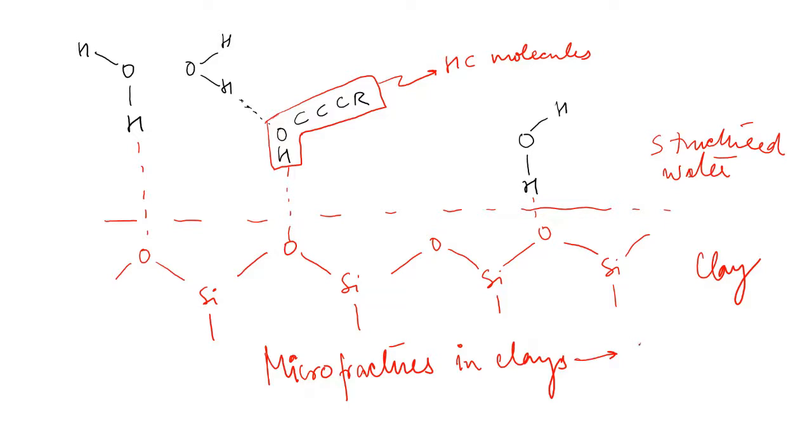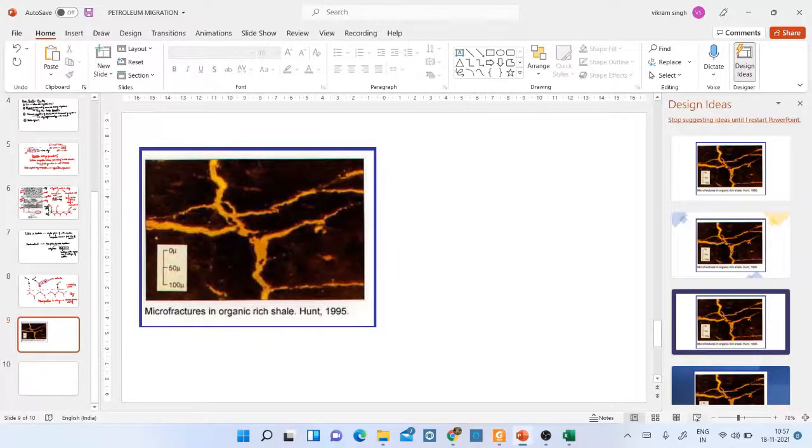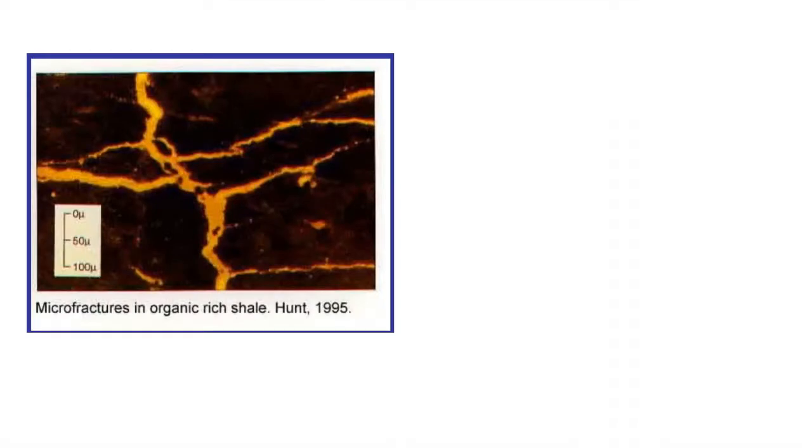So the microfractures in clay increase permeability. And what happens is that as the fluids escape through these microfractures, then they again close. So this is a microfracture which is seen in the clays, and you can see that through these microfractures the fluids may migrate.